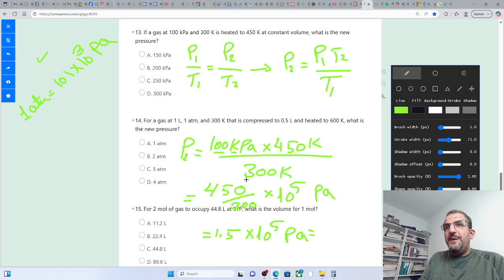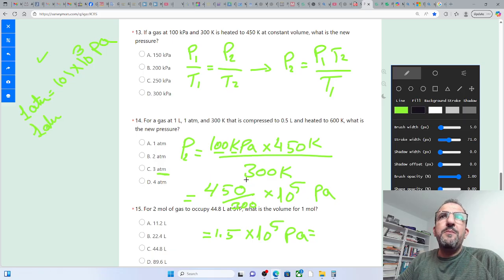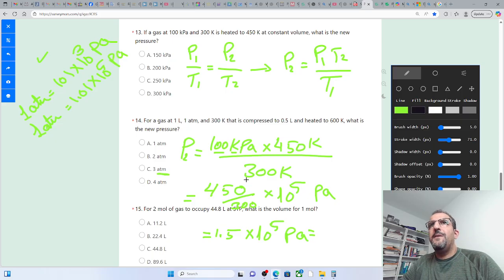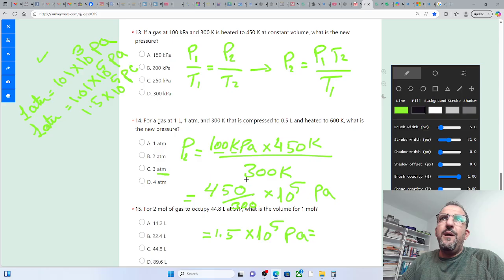We need it in atmosphere unit, so we need to use this conversion. So we have 1 atmosphere is equal to 1.01 times 10 to the power 5 Pascal. Okay, so 1.5 times 10 to the power 5 Pascal is equal to x.